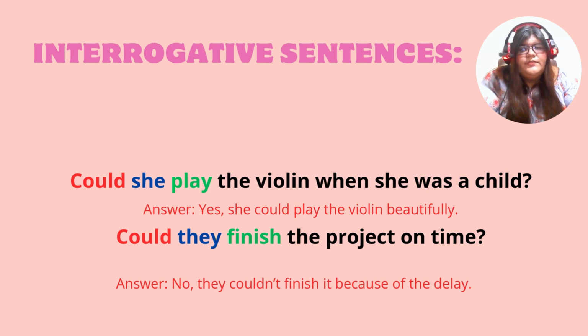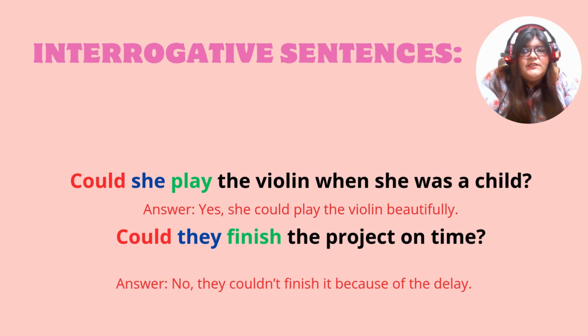Then we have here, guys, more questions, but on this occasion with yes or no answers. For example, could she play the violin when she was a child? And the answer yes. She could play the violin beautifully. Could they finish the project on time? No, they couldn't finish it because of the delay.